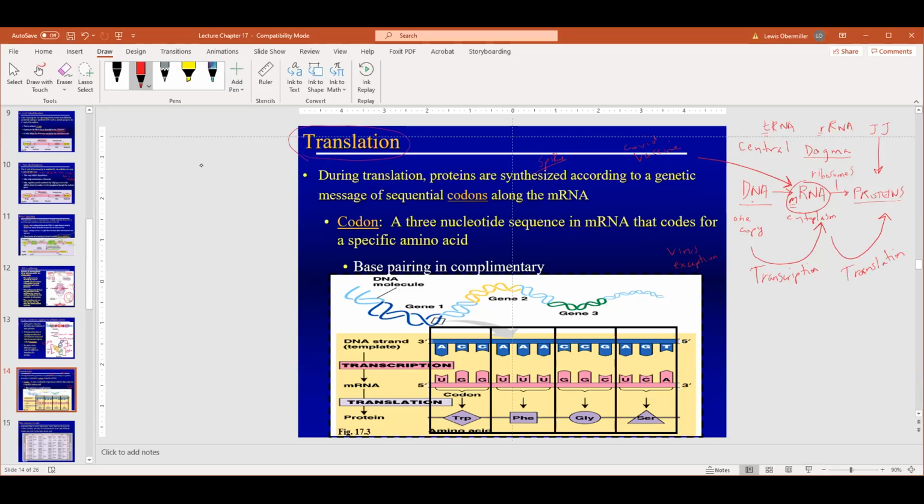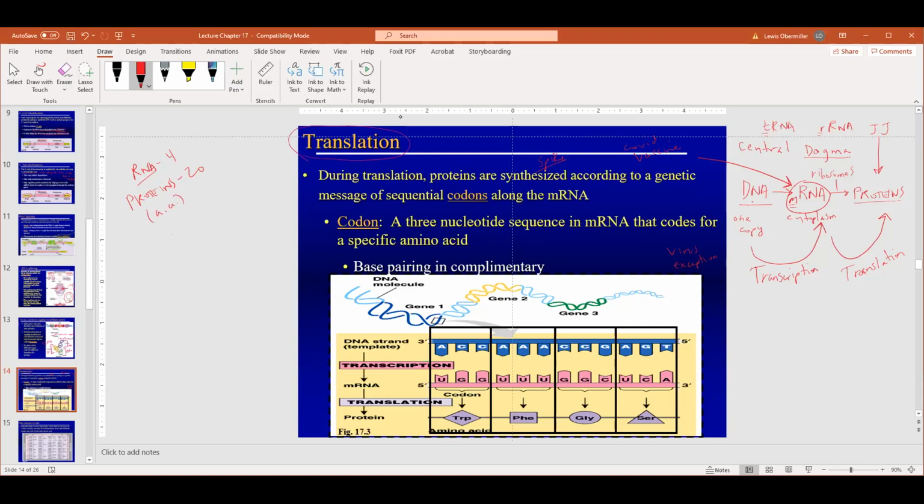So we talked about that RNA has 4 letters in its alphabet, like English has 26, and proteins have 20 letters. And so if we were just relying on RNA, we could only have 4 different amino acids. So there are 20 amino acids.